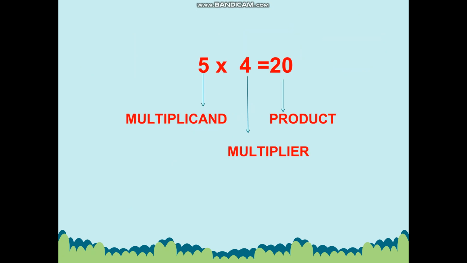So children, now we will study the different parts of multiplication and what they are called. As you can see here, 5 multiplied by 4 is equal to 20. The number to be multiplied is called the multiplicand, and the number by which it is multiplied is called the multiplier.